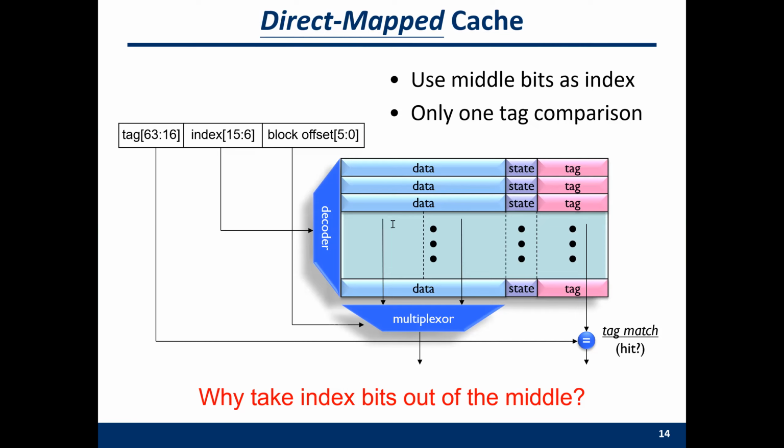Then the block size is 64 bytes, because in the memory, everything is byte addressable. Since you allocate 6 bits here, the block size is 64 bytes. So this means each frame here is 64 bytes.